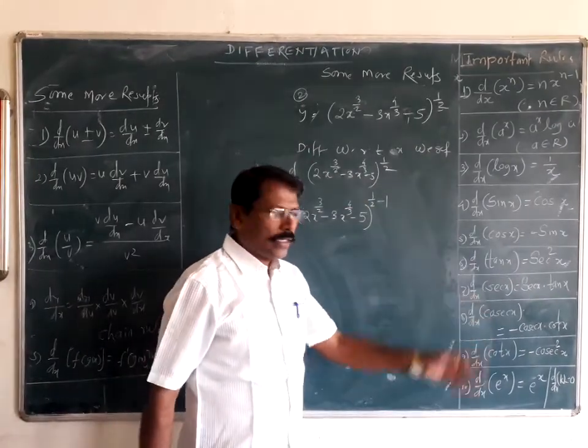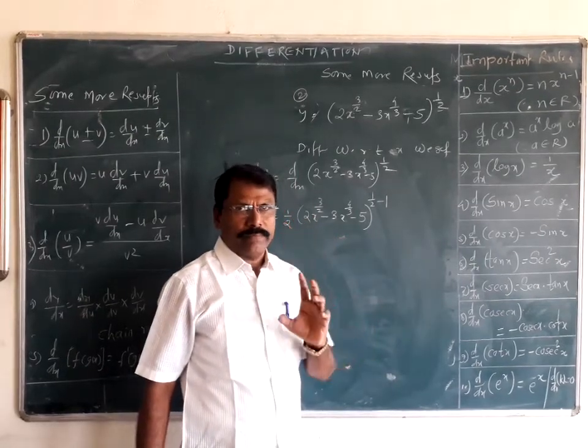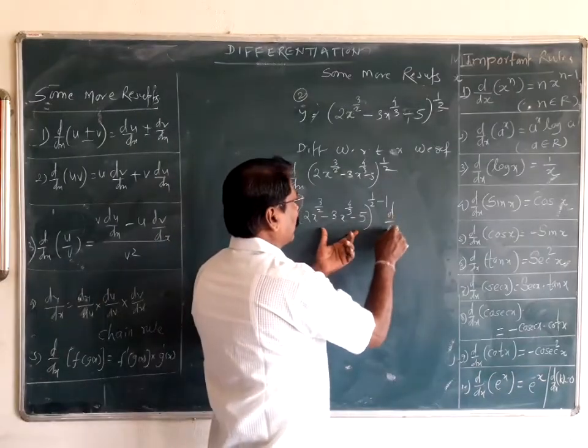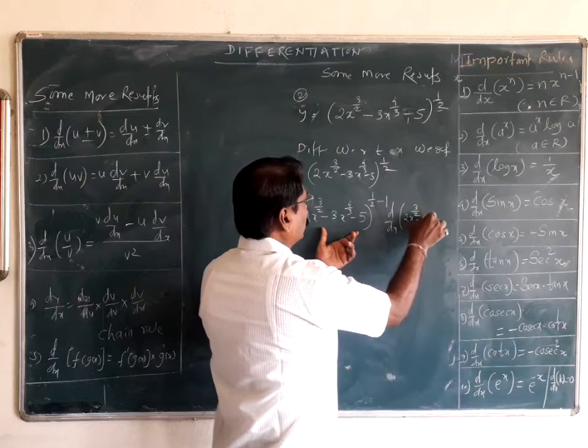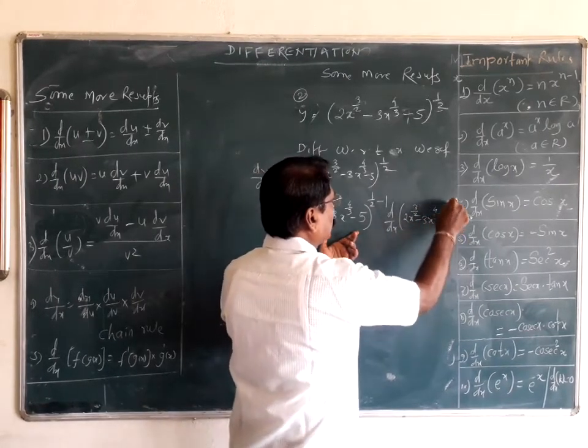And as I had told you earlier, this process will be continued until the derivative is 1. Now this derivative we have to multiply, that is 2x raised to 3 by 2 minus 3x raised to 4 by 3 minus 5.